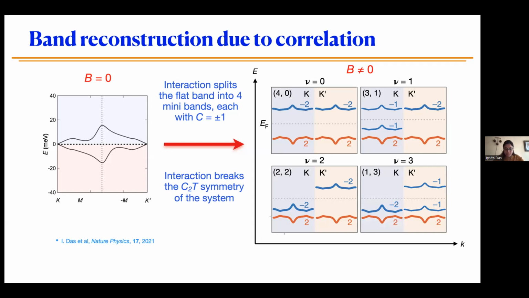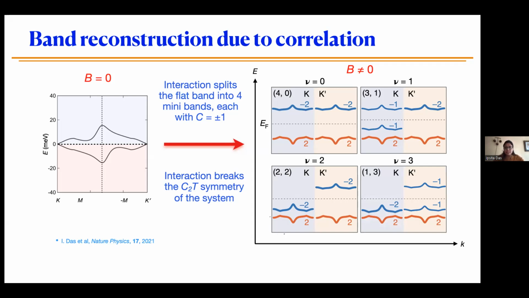So basically without a very strong interaction, you will think that you have one flat band, and if you just calculate the Chern number from the Berry phase, then you will have a single Chern number for this single band, right?